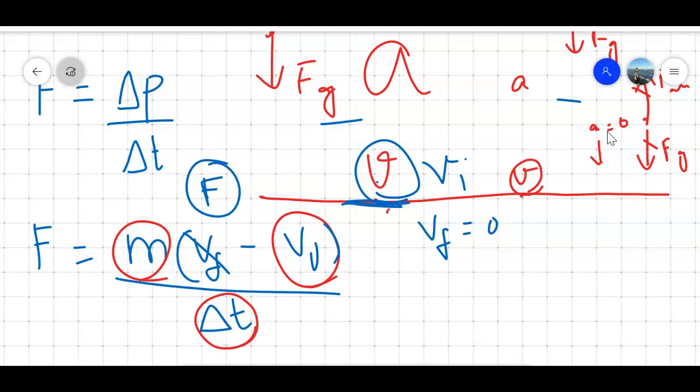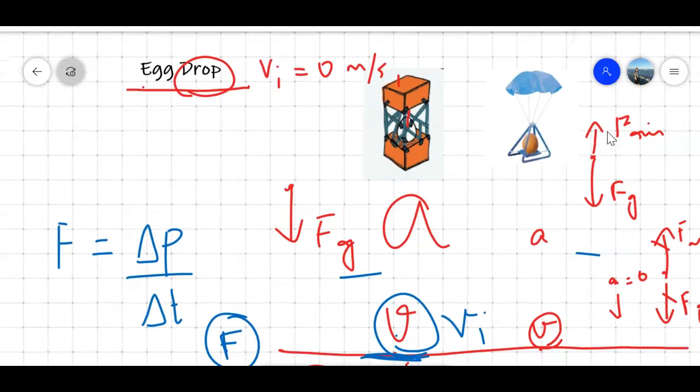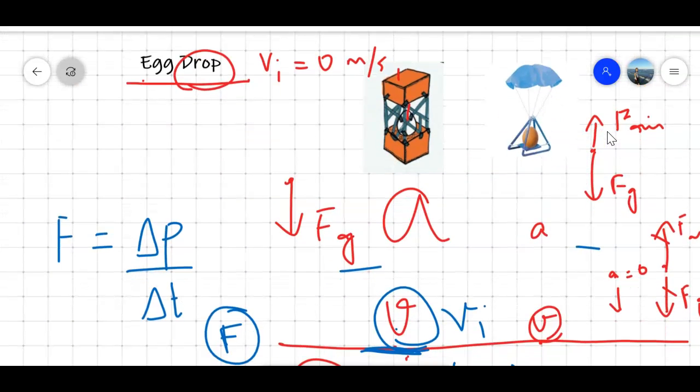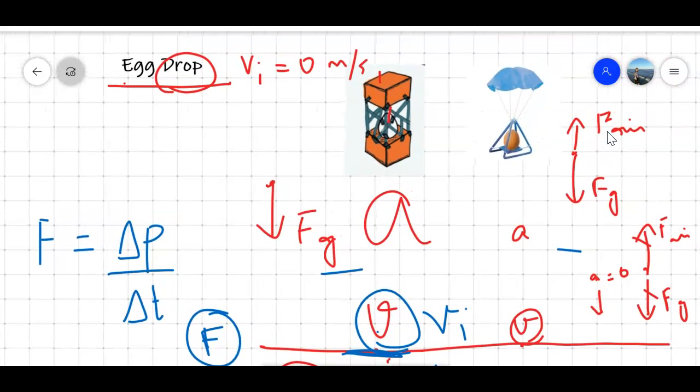What about the time of impact? We do not have an estimate about the time it takes to stop when it hits the ground, but here is the thing that you want to consider. Even though this structure will hit the ground and stop quickly, if all of this bottom portion is made up of foam or a material that has some kind of give, then even though the structure stops quickly, the egg will just kind of sink into this cushion and slowly stop.